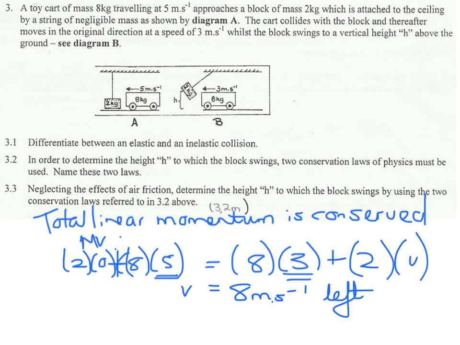But anyway, carrying on. The next thing that happens is I need to say that kinetic energy is conserved, sorry, mechanical energy is conserved. The kinetic energy at the bottom is equal to the potential energy at the top.